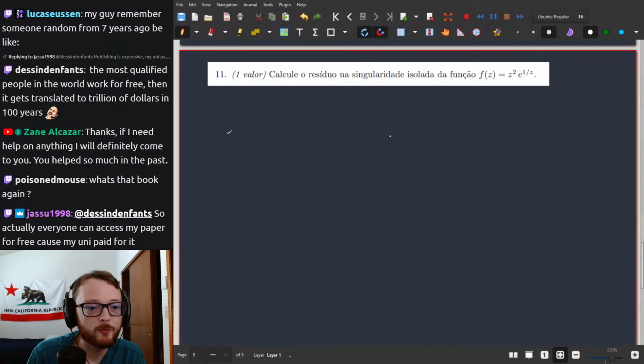So the power series for e to the z, just regular old e, let's not worry about 1 over z yet, is the sum from n equals 0 to infinity of z to the n over n factorial, right? So if we have 1 over z, we just put a 1 over z in here.